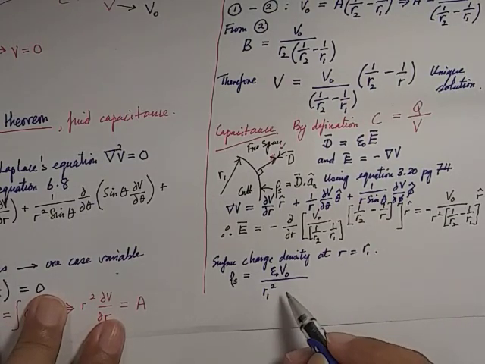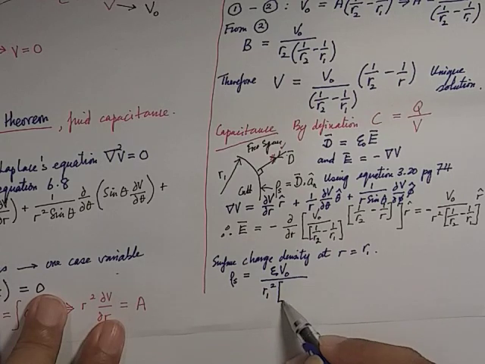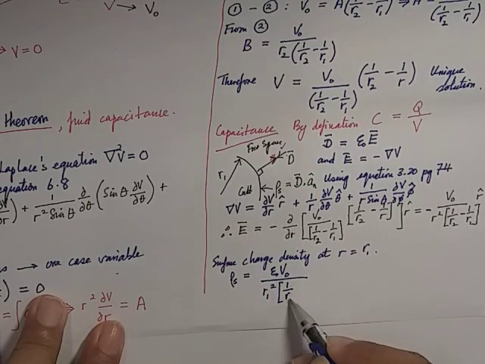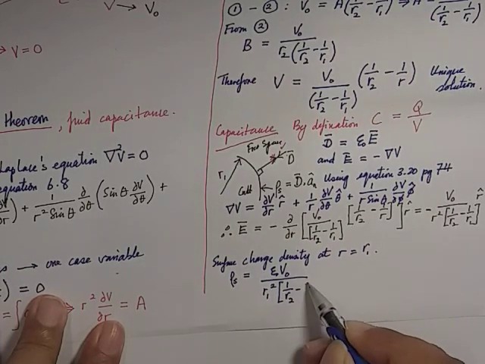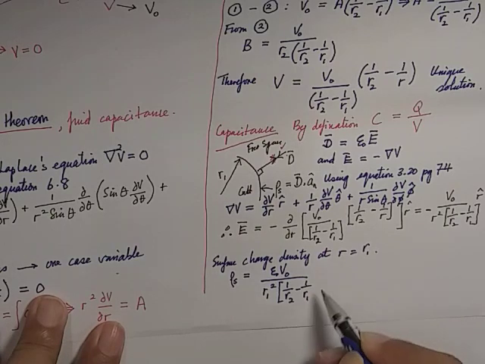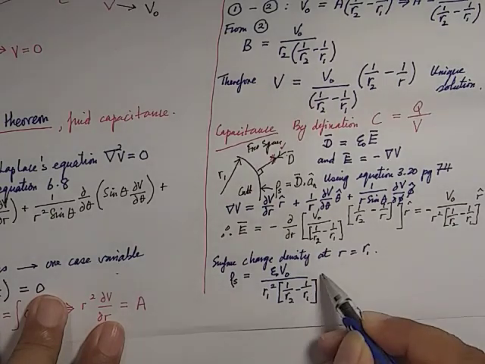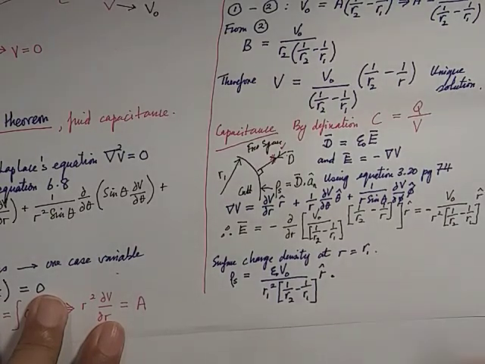Everything else stays as it is, 1 over R2 minus 1 over R1, in the R direction.